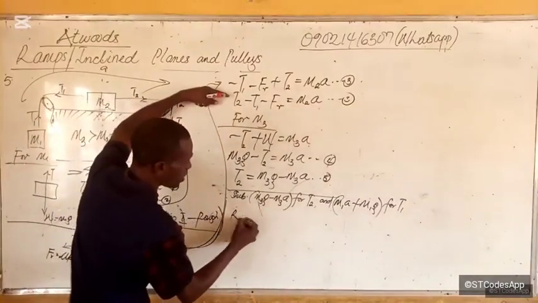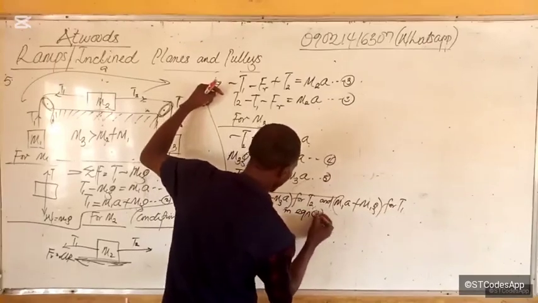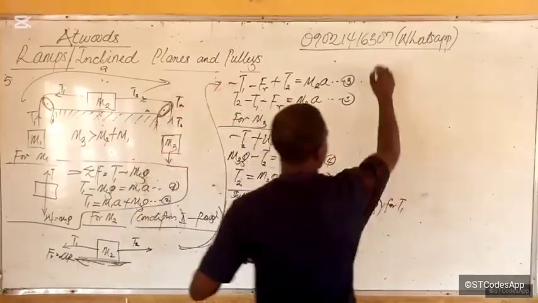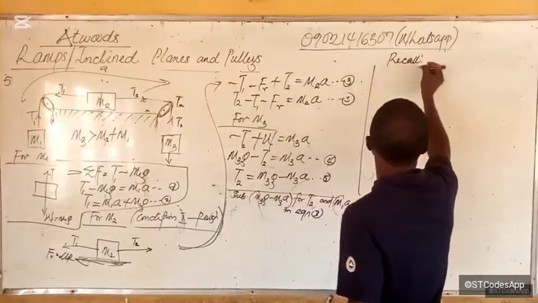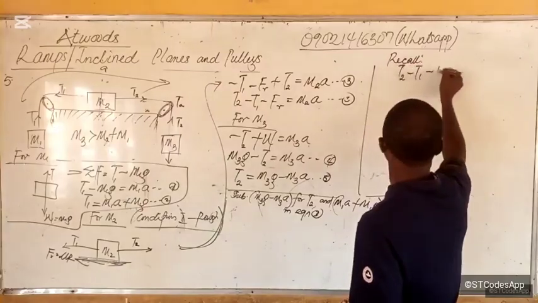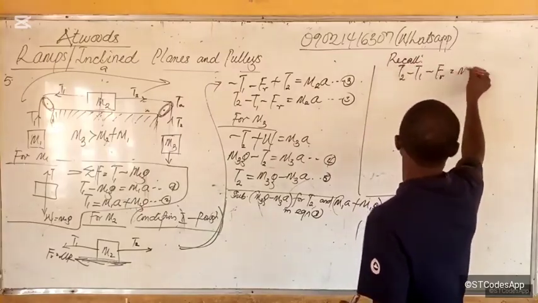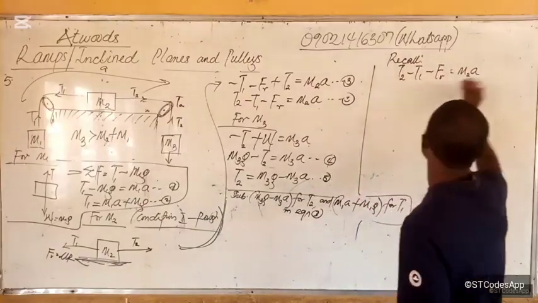So recall equation 3. Let's bring it here. Recall that T2 minus T1 minus F sub r is equal to M2A. This is equation 3.